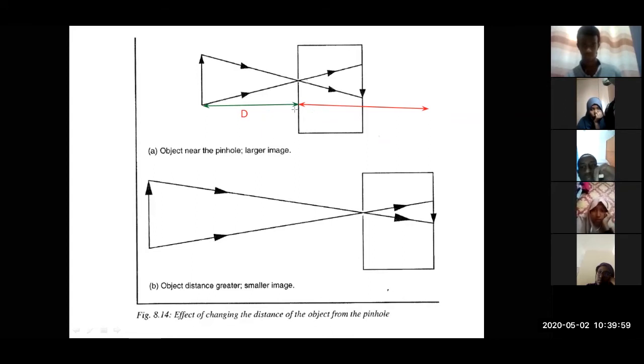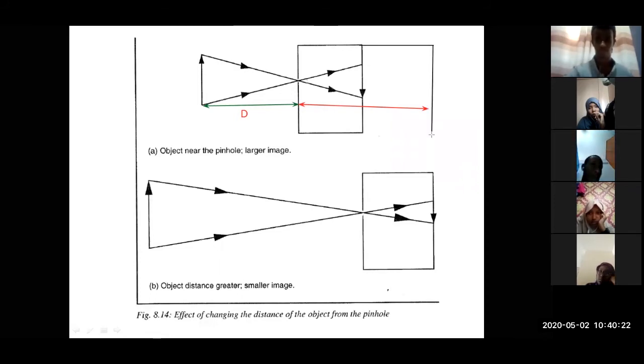Then the distance behind here, the one I've drawn, we call the image distance, the distance from the pinhole to the screen. So, extending my screen, let me extend the screen. I've extended the screen to be behind here. So that's where the screen is. Now let's look at what's going to happen. After extending that, let's look at what's going to happen to this ray.